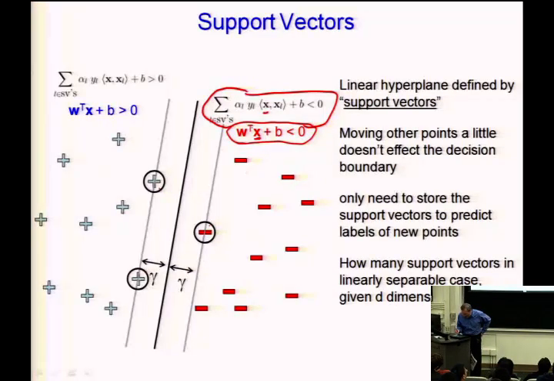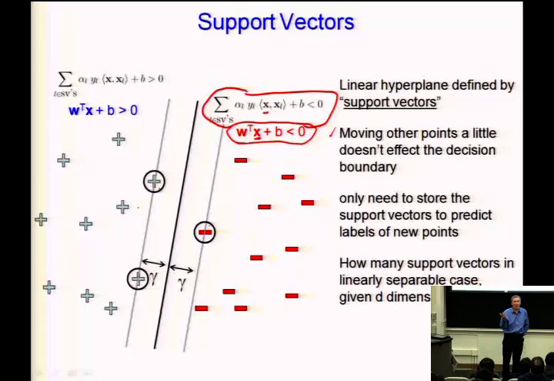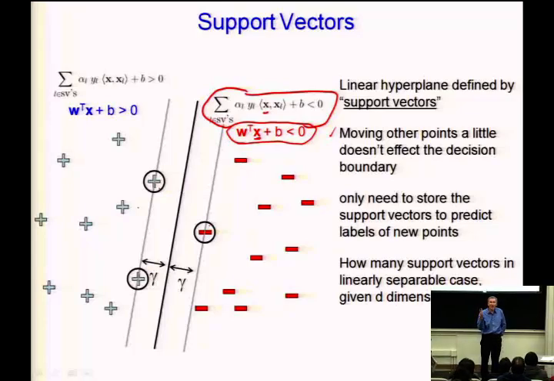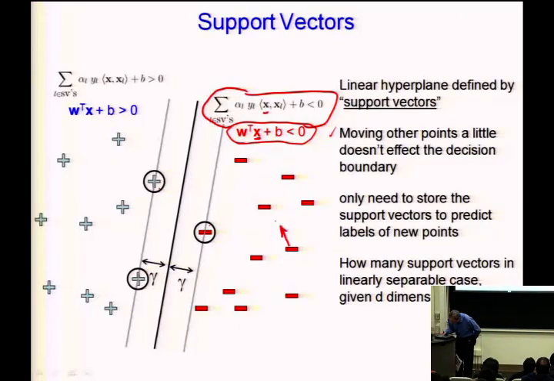And one way to think about it is just this. If what we're trying to do is think in terms of the primal problem, we're trying to find a decision surface with maximum margin that correctly classifies all the data points. Then it really wouldn't matter if I moved, say, this data point up here instead. That won't change the margin. It won't change the decision surface.